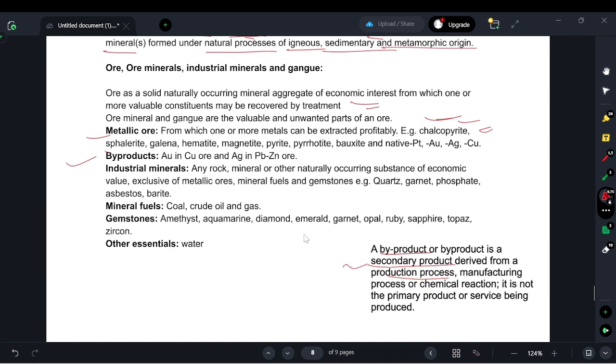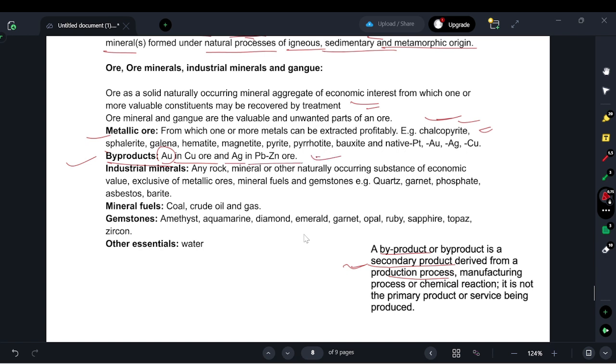Most of the industries don't use it, but some might be of good use. So in the case of copper ore, we get gold as the byproduct. We get silver in the PbZn ore. So these are the byproducts of these.